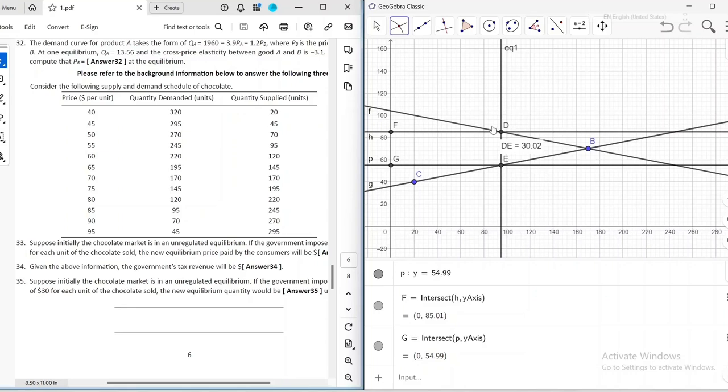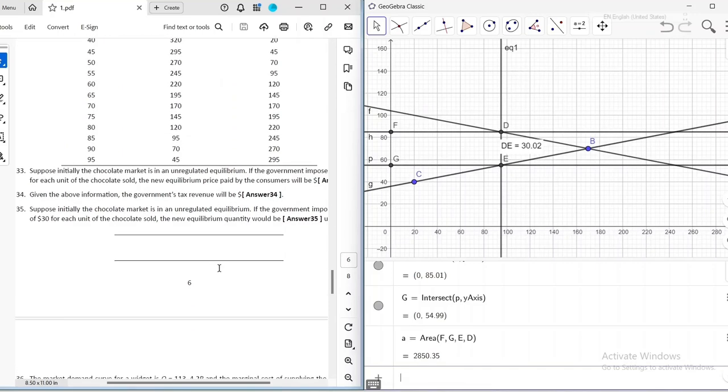Okay, so the area FGED gives tax revenue, right? So area F, G, E, and D. So this is 2850.35. Okay, so this is the tax revenue.